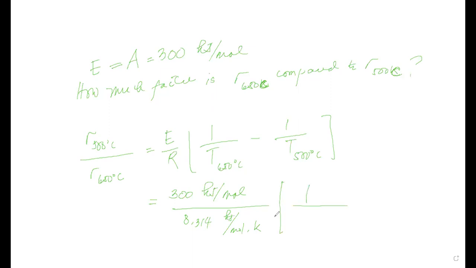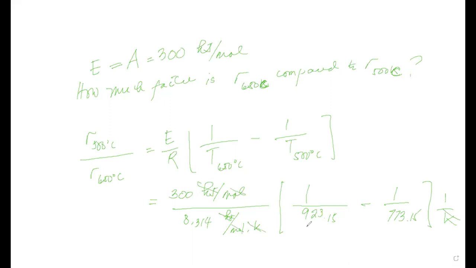Please check your units: kilojoule per mole per Kelvin. This temperature here should be absolute, so it should be 650 plus 273. What's 650 plus 273? 923.15. And we have 1 over, so this must be 773.15. You get to cancel this one and this one, and this is actually 1 over K, so it gets to cancel with this.